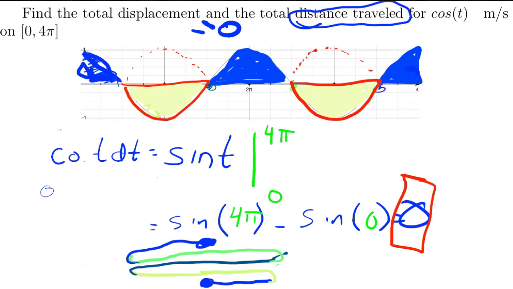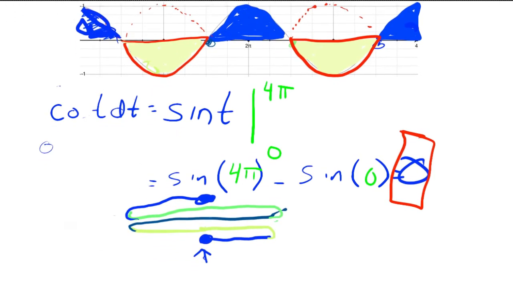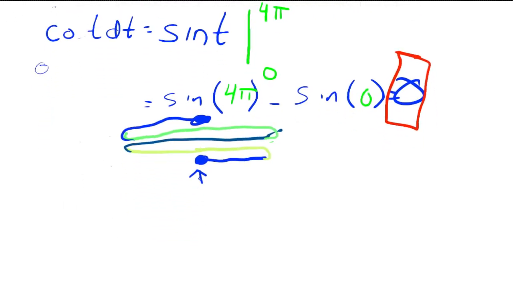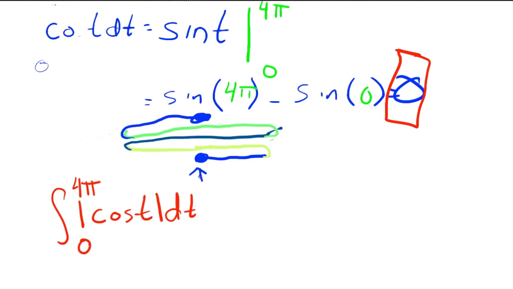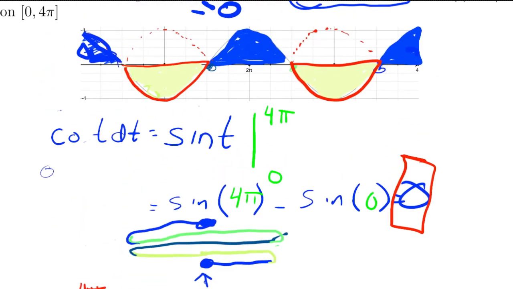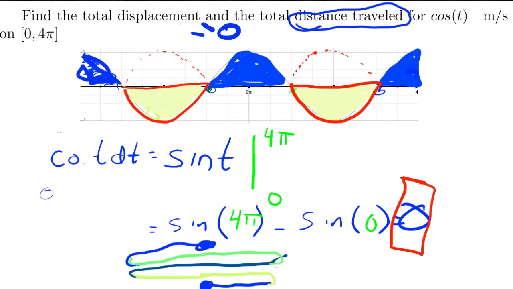Technically what you're supposed to do is find the integral of the absolute value of cosine from 0 to 4 pi. Now, this would involve a significant amount of breaking up. You have to break it up each time it goes from positive to negative or negative to positive. So this would have to be broken up into 5 integrals.